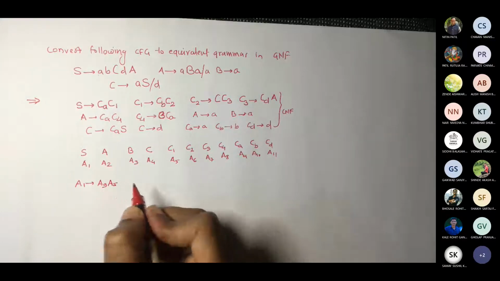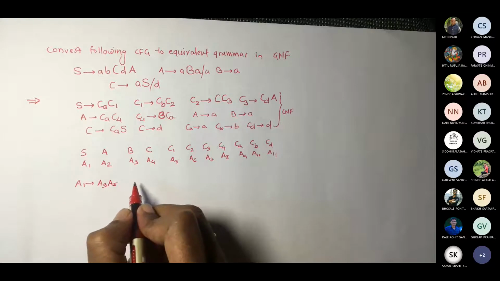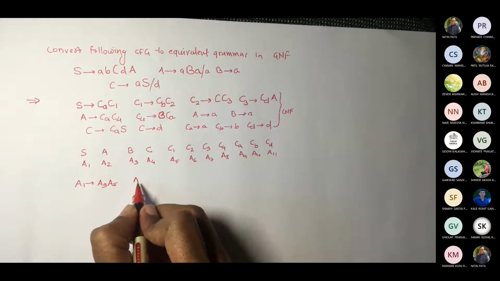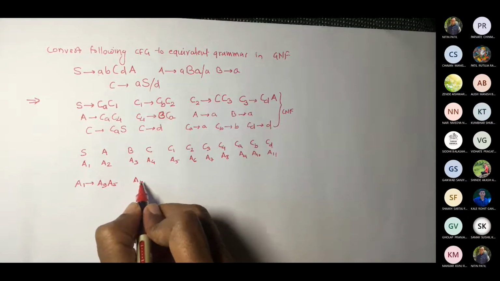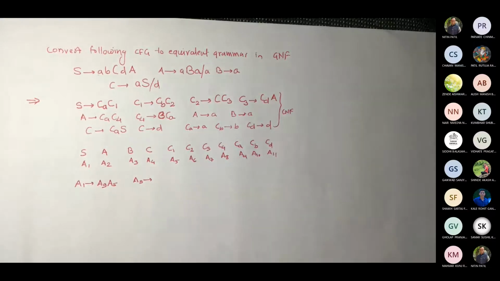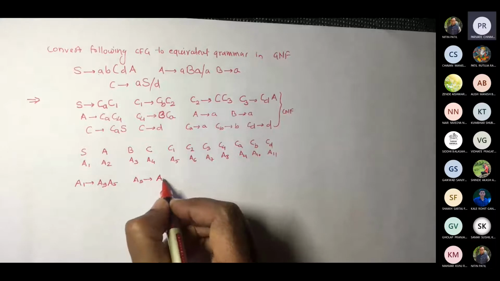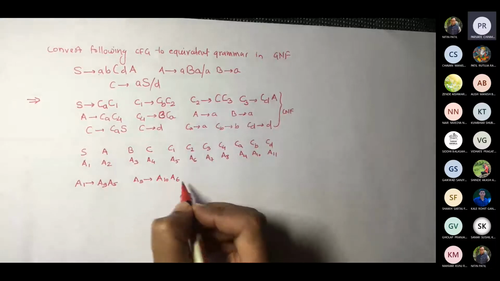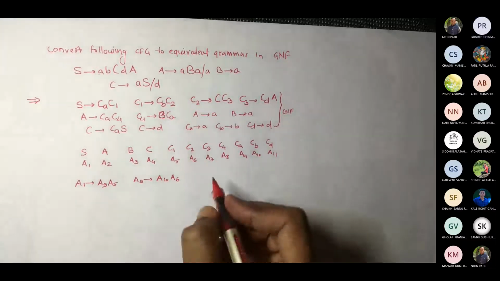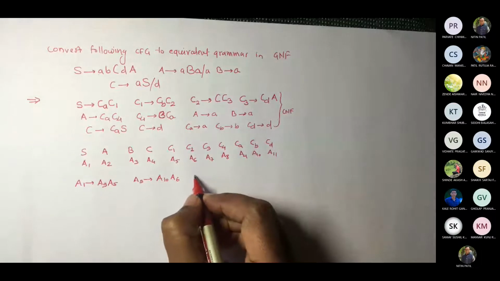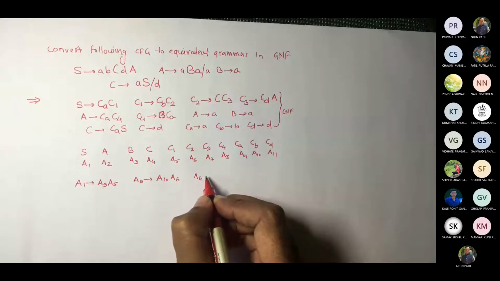Very good. Okay, give me A5 as well. That means C1. So that is A10, A6. Very good. Manisha, A6. That means C2.